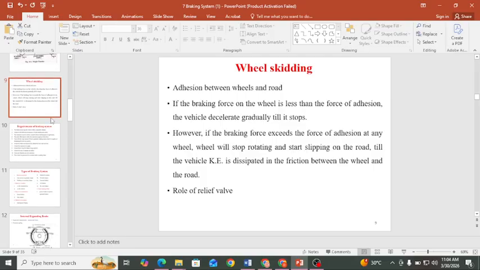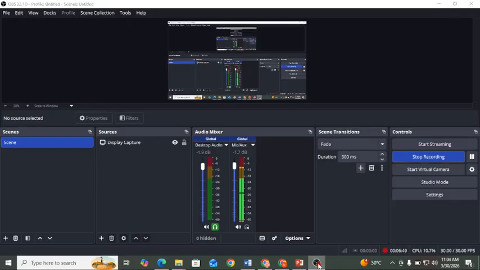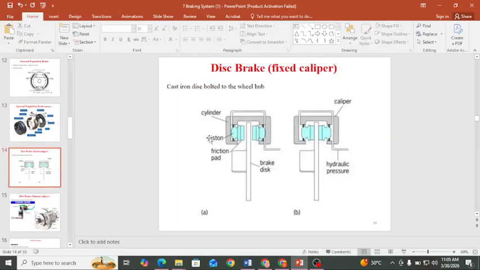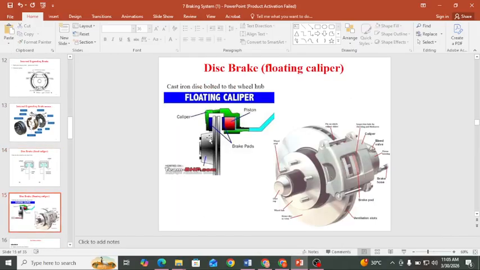Wheel skidding is when the braking force on the wheel is less than the force of adhesion, and the vehicle decelerates gradually till it stops. For that, there is the role of the relief valve. Okay, thank you for that, because the disc brake is accurately controlled and lighter as compared to the drum brake.